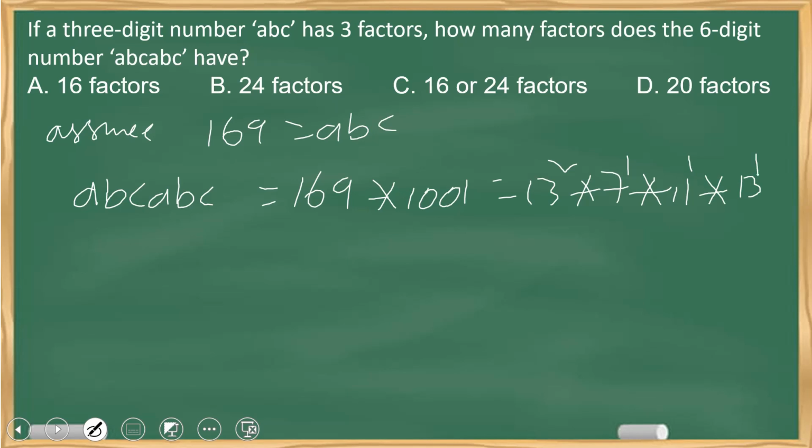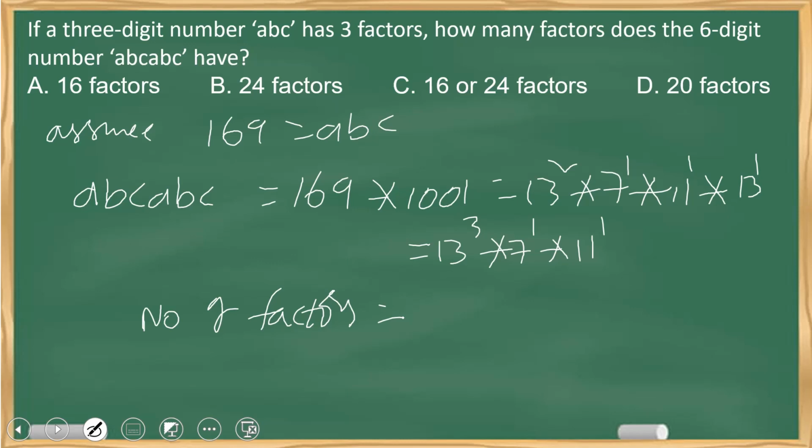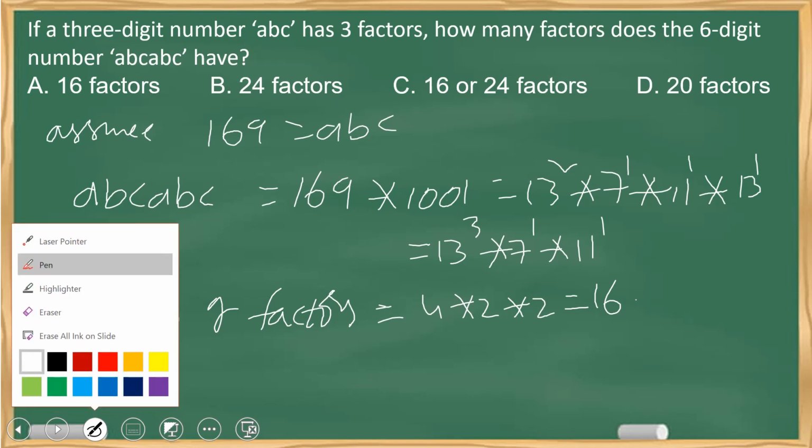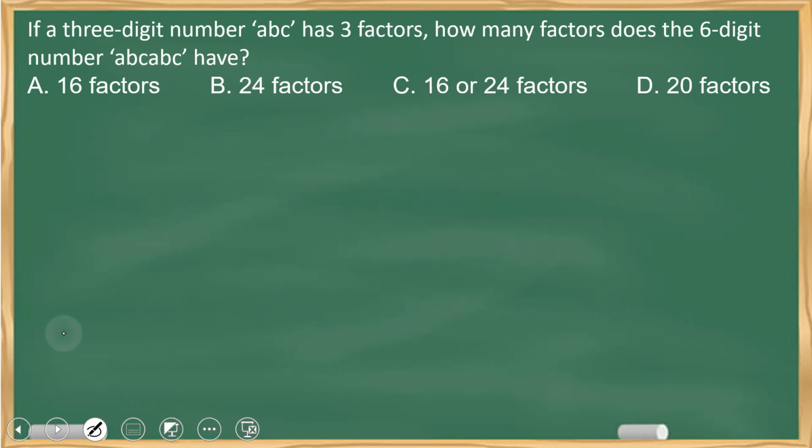So this becomes 13 cube into 7 power 1 into 11 power 1. So the number of factors again is (p plus 1)(q plus 1)(r plus 1), so 4 into 2 into 2, that is equal to 16. So here we got 16 again. That's okay, fine, no issues. Now we'll take another example into consideration. Remember, ABC should always be a square of a prime number only. Got the point here?